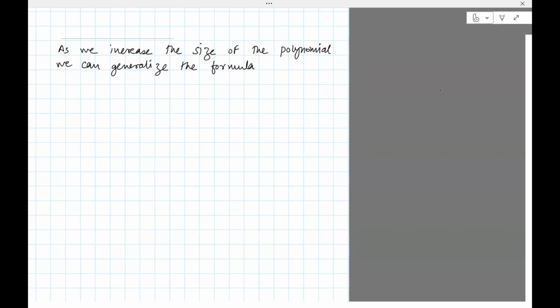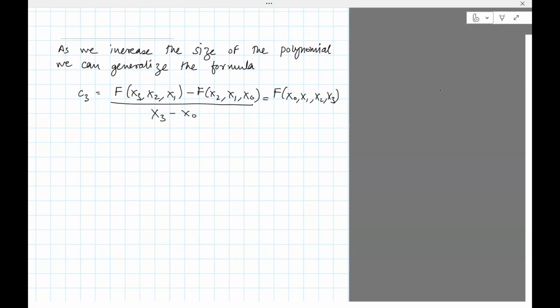So for C3, it will be capital F x3 x2 x1 minus capital F x2 x1 x0 divided by x3 minus x0. By the way, this can be written as capital F with 4 arguments: x0, x1, x2, x3.